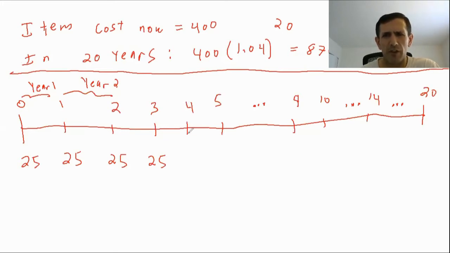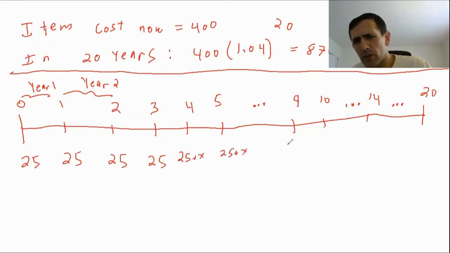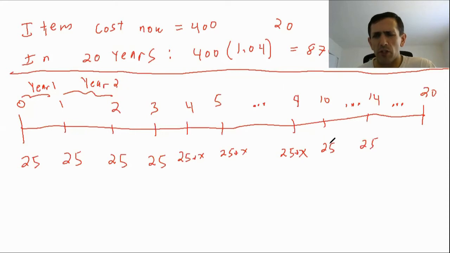So at the beginning of year 5, which occurs at t equals 4 on the timeline, we make additional deposits of X all the way until we get to the beginning of the 10th year. After which we just keep going until we're at the beginning of the 15th year, which is when our last 25 payment is, at t equals 14.